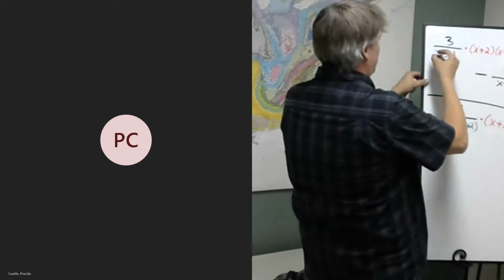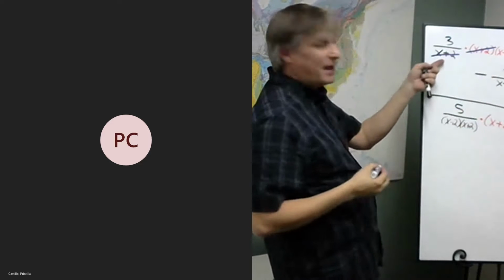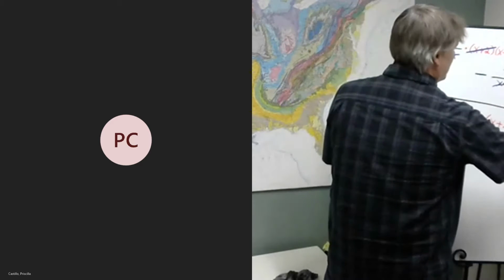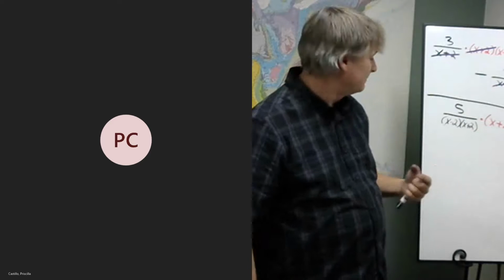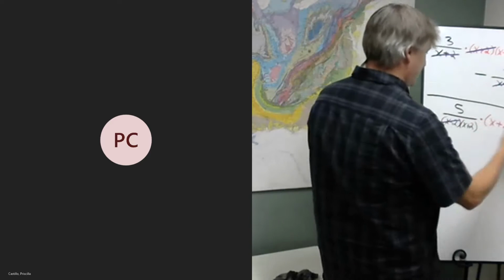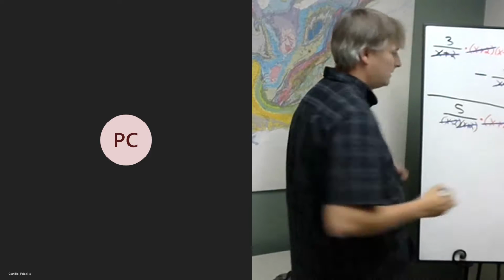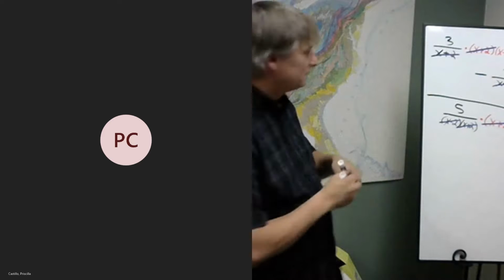Well, x plus 2 will cancel, so that denominator is gone. X minus 2 and x minus 2 will cancel, so that denominator is gone. And then x minus 2, x minus 2, x plus 2, x plus 2. So what are we left with?